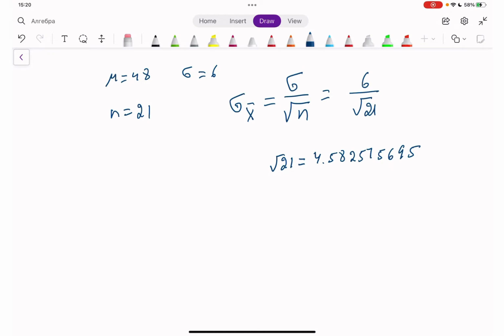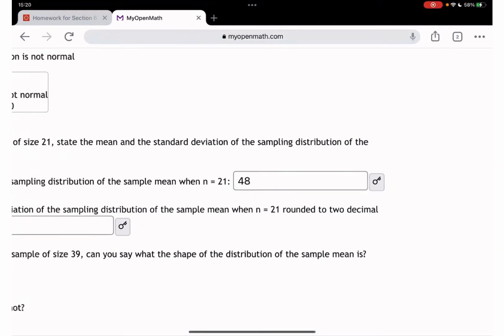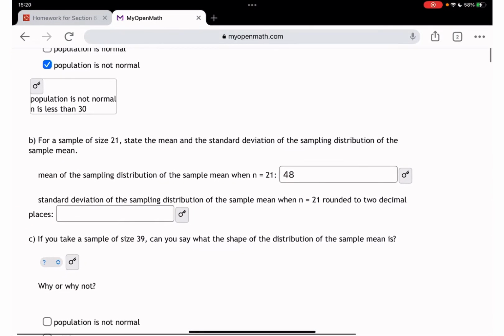It's going to be 1.309. Let's see how many digits they want us to round to. Two decimals, which gives 1.31.